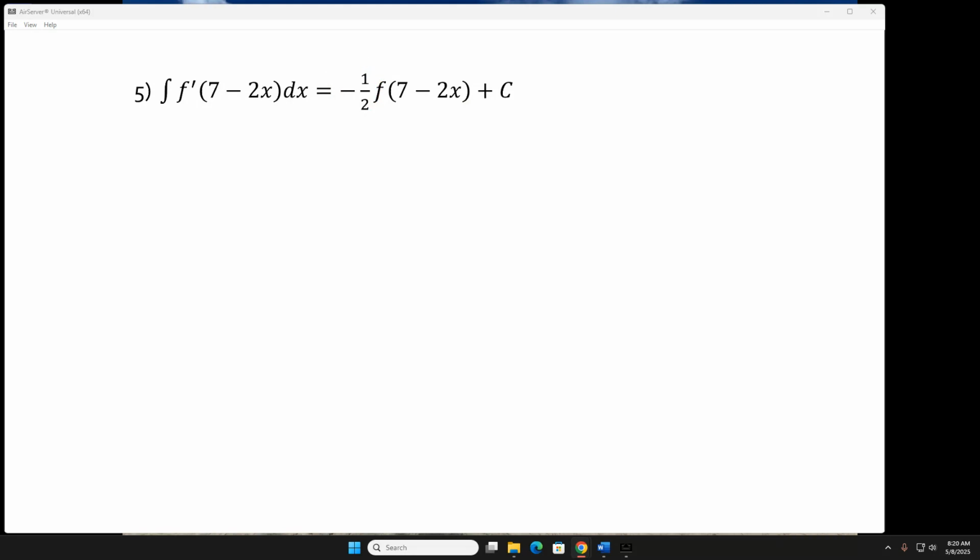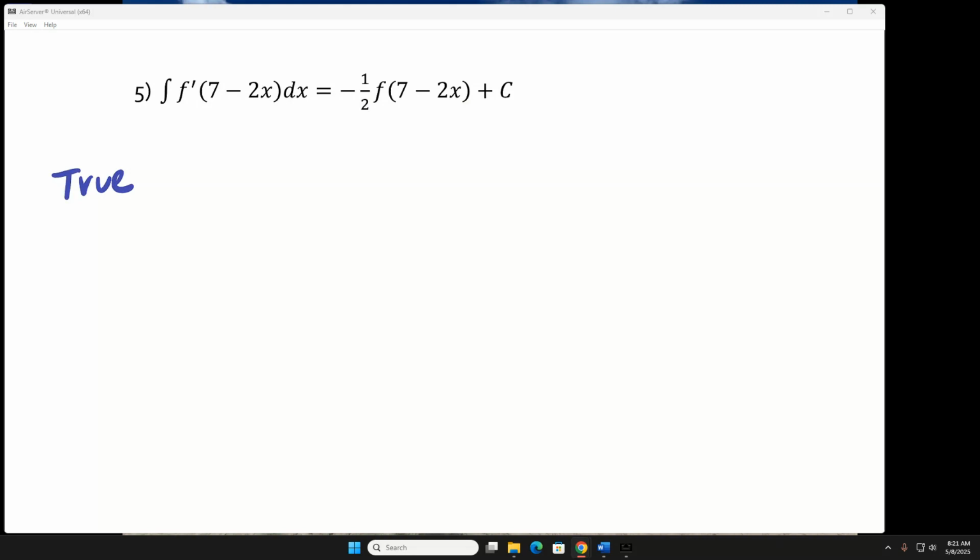And so you need to look at this and decide if there should be a negative 1/2 there. Alright, if you're not ready, pause the video. If you are ready, then this is definitely true.